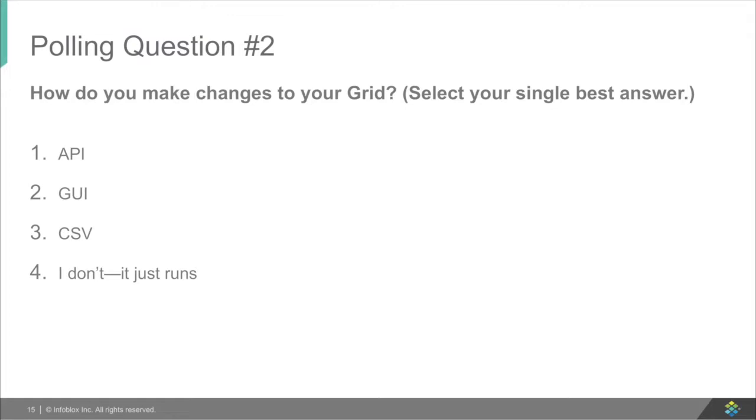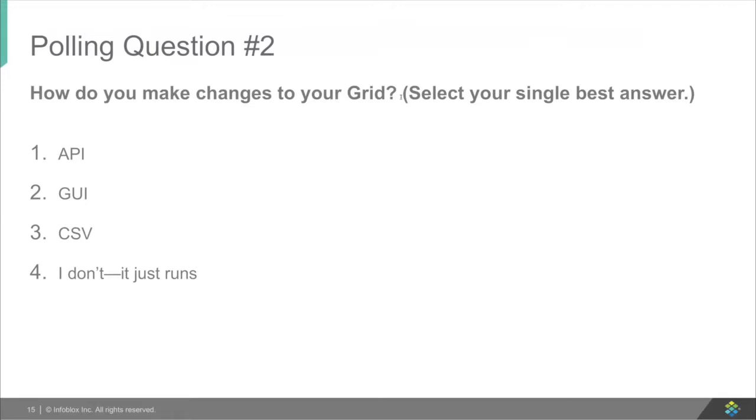Okay, thanks, Sif. Appreciate that. So what we'd like to do now is turn it back to you. You've seen the poll that's listed here. I'm going to launch that out now, and we'd like to get your feedback. How do you make changes currently in your grid? If you're a customer, please go ahead and select your best single answer. You can see the choices there. We'll leave this open for a few more seconds. The votes are coming in really fast, so thank you for sharing your feedback.